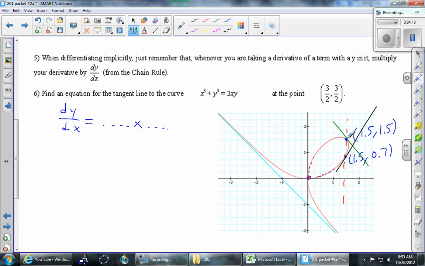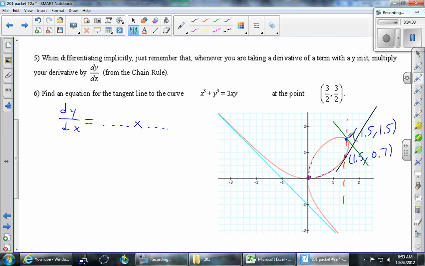Is it going to work that the derivative, the slope of every tangent line, is going to be something with only x's in it? Well, what would happen if that were true and you plugged in x is 1.5? There's two different slopes at x equals 1.5, right? So it can't be the case that our derivative is going to look the way they've looked all semester. I can't just have x's in here.